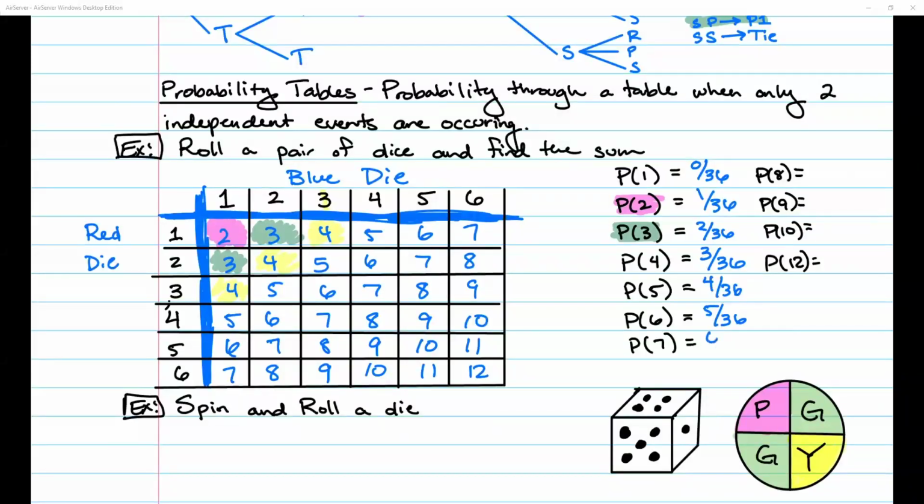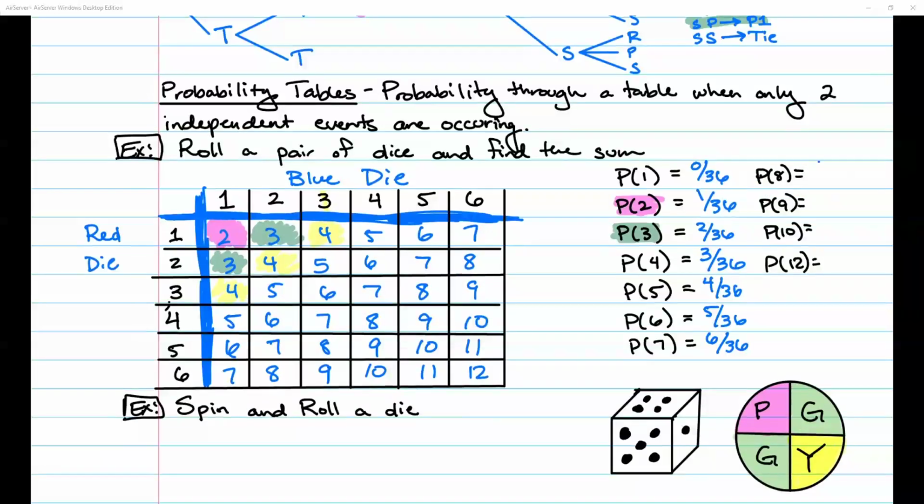There are 6 different ways of getting a 7. And then here's where you have to be careful. For the 8s, I see 1, 2, 3, 4, 5 different ways of getting an 8, not 7. So there are 5 different ways of getting an 8. So that's 5 out of 36 different combinations.